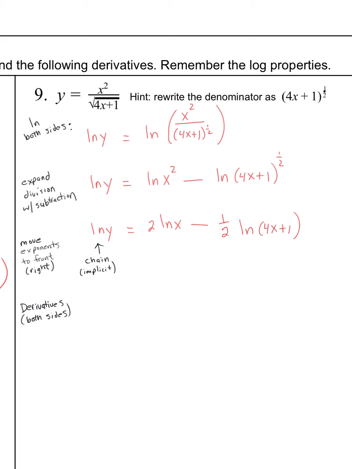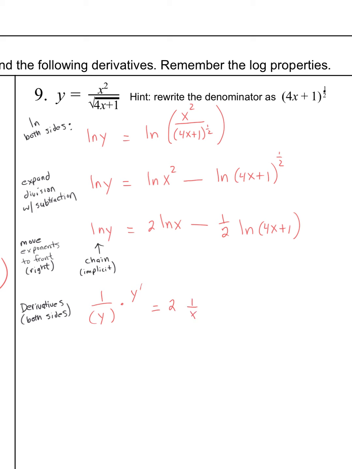On the left, the derivative of the outer is 1 over something, the inner as is is y, and the derivative of the inner is y prime. On the right, the 2 comes along for the ride, and the derivative of ln x is just 1 over x.